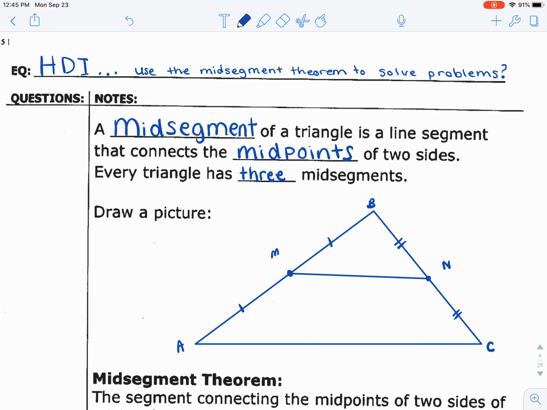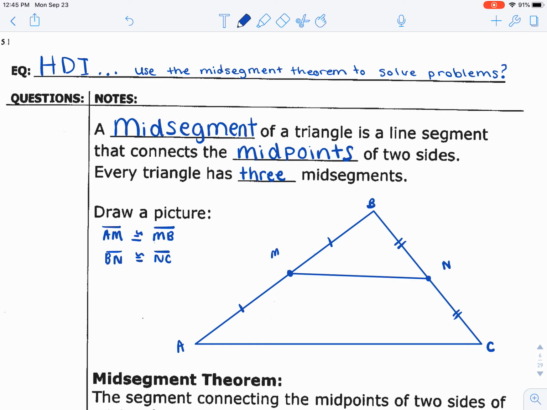Before we move on, I want to interpret some things. If M is the midpoint, then AM would be congruent to MB. If N is a midpoint of BC, then BN would be congruent to NC.